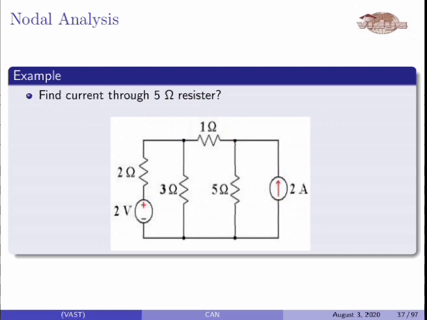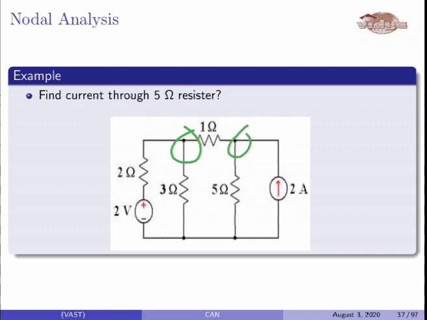So the first step is to identify the nodes. Here there are 3 nodes. What are they? Here there is a node where 3 branches are meeting and another node is here.